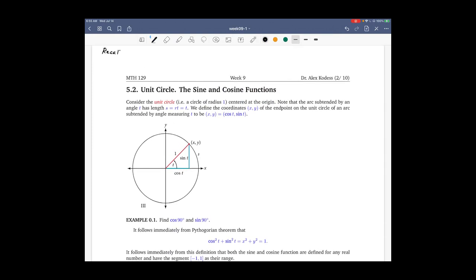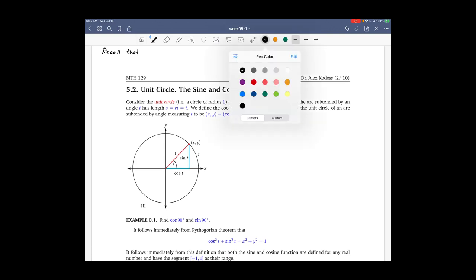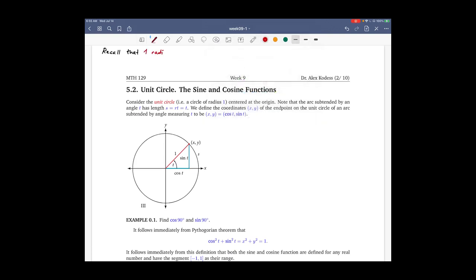Recall that 1 radian is a central angle whose subtended arc has the same length as the radius of the circle.